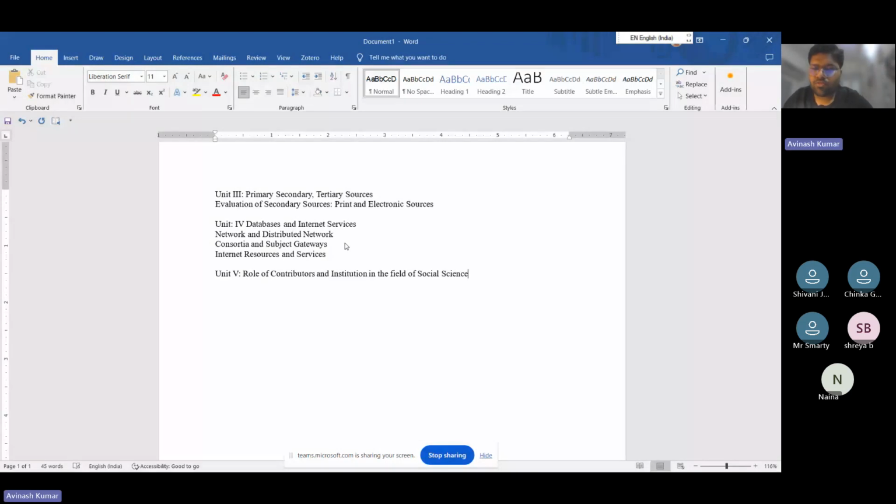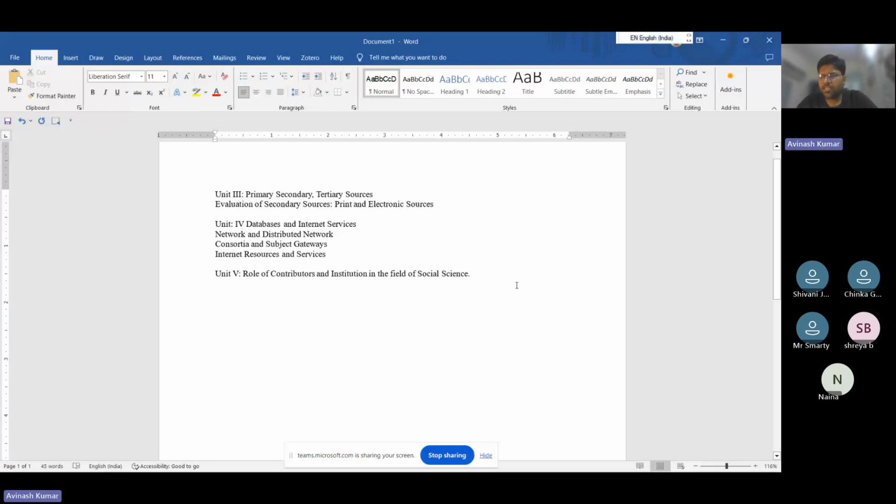As you know, I have discussed unit first and unit 5th, which are the history of print and electronic sources of literature in social science. And unit second, unit third and unit 4th are technical, very technical.